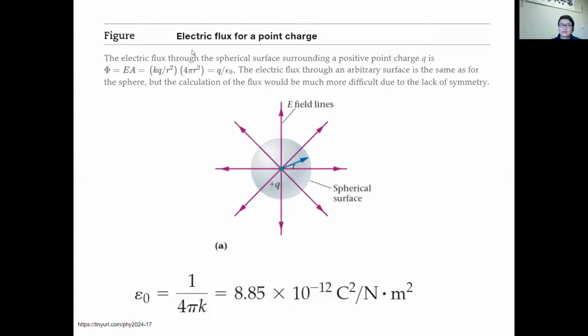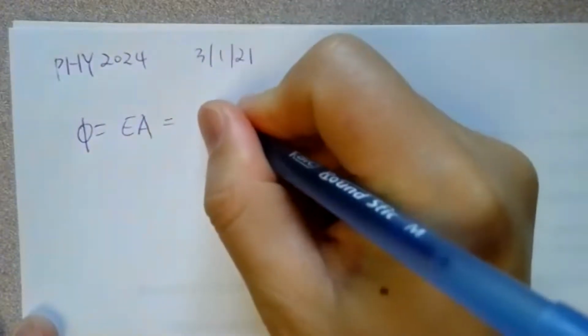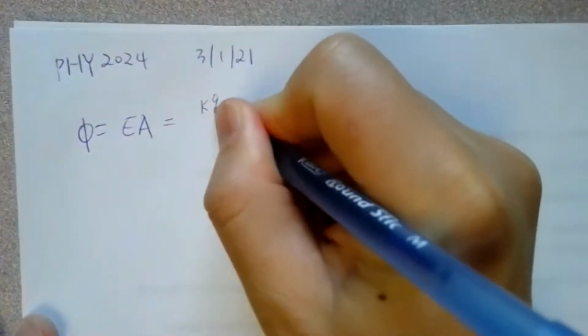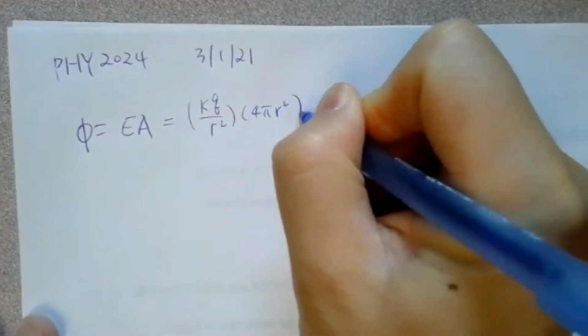So there's a step missing here. Let me show you the full derivation over here. So when we are doing the flux phi equal to E times A, that goes to KQ over R squared times 4 pi R squared, okay?